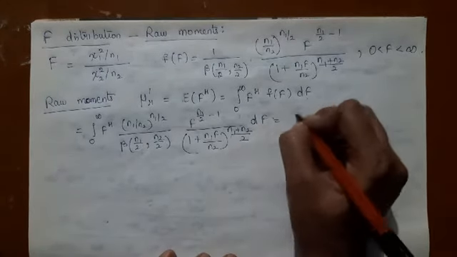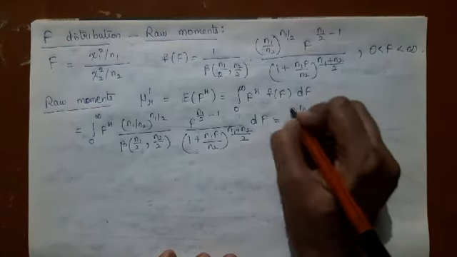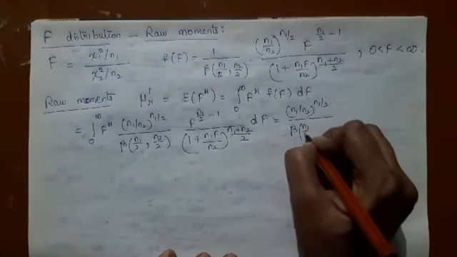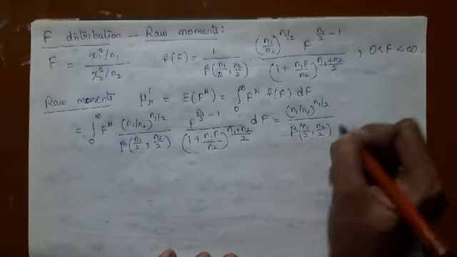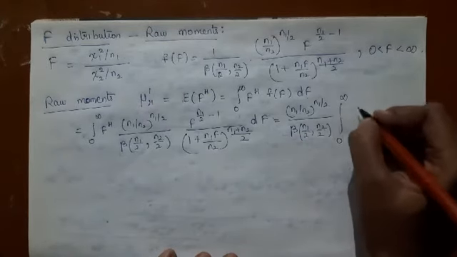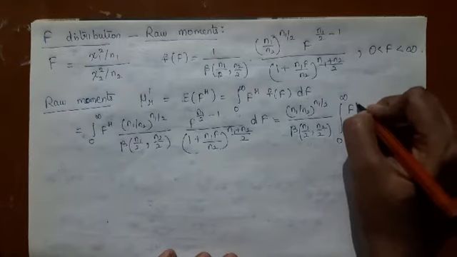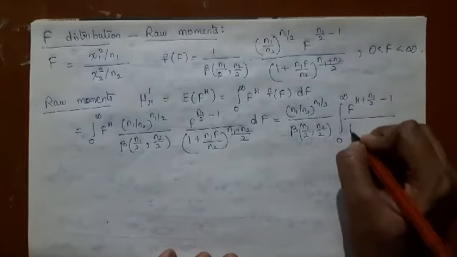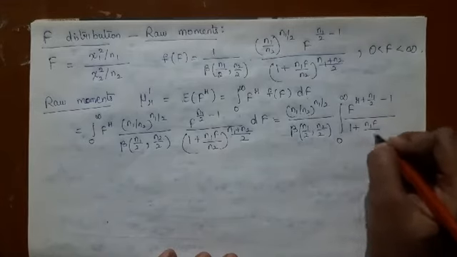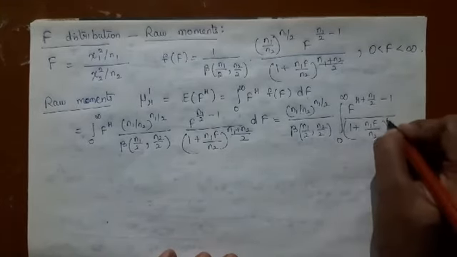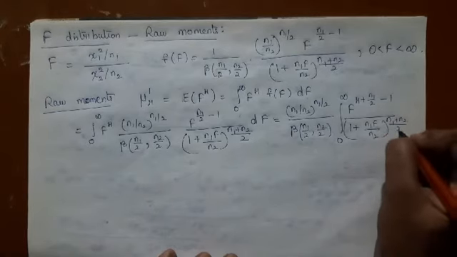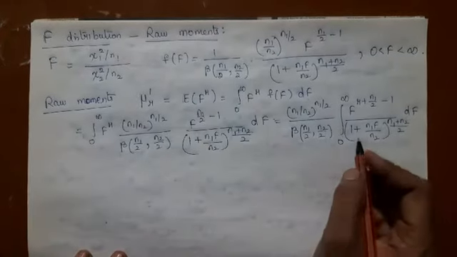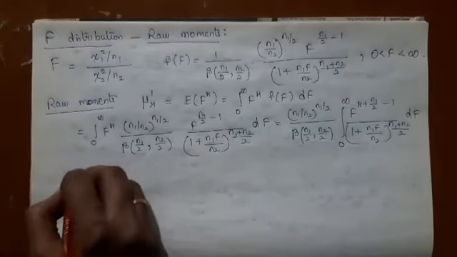This can be written as (n1/n2)^(n1/2) divided by beta of (n1/2, n2/2), which can be taken out as the common term, and you have f^(r + n1/2 - 1) divided by (1 + n1 f/n2)^((n1+n2)/2). To find this integral value, let me take a transformation.